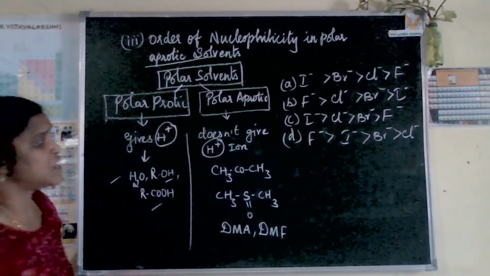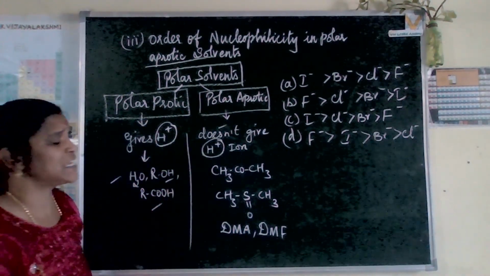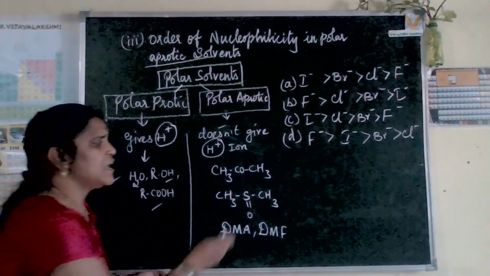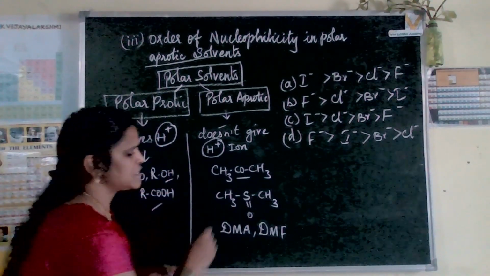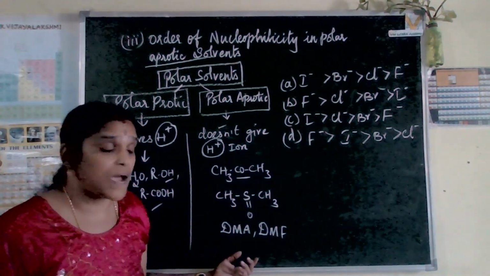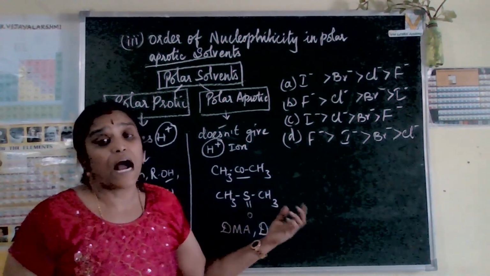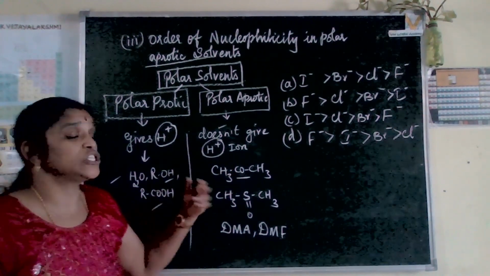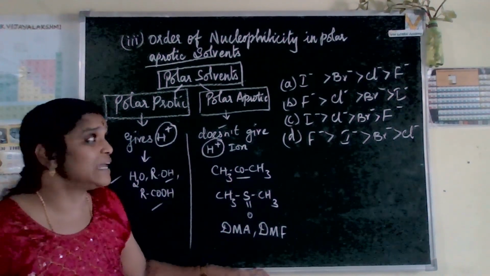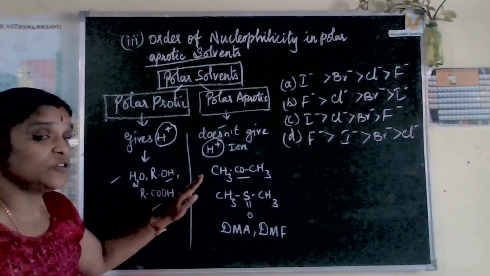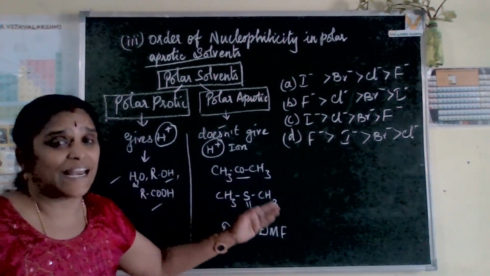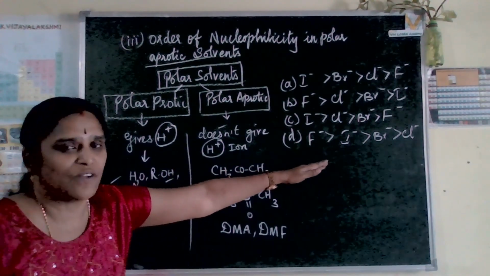Polar aprotic solvents do not give H plus ions; examples are acetone, dimethyl sulfoxide, dimethylacetamide, and dimethylformamide. The amide group and the keto group of acetone come under polar aprotic solvents. Now why am I giving this? You should know what is polar and what is apolar, then we can solve that problem.